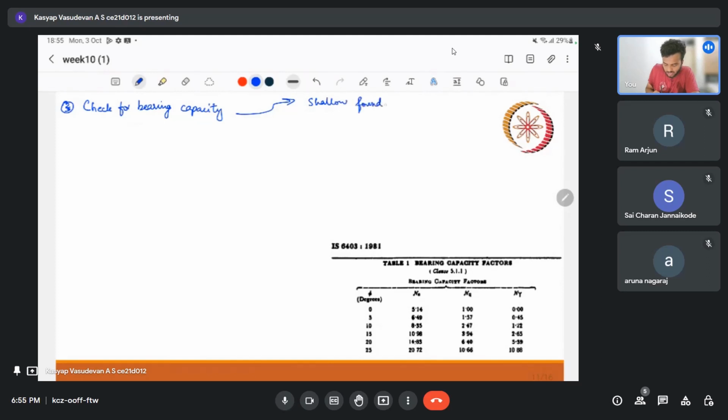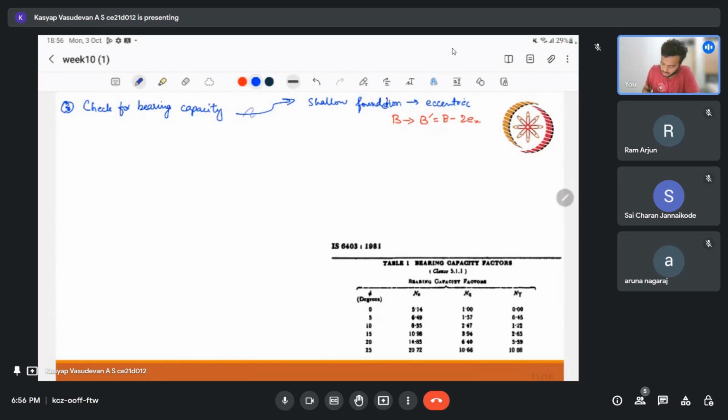Since it is an eccentric load, which we have done already, my B will change to B dash after subtracting the eccentricity. B dash is equal to B minus 2Ex. Using this, I can proceed as usual, if you remember the older one.